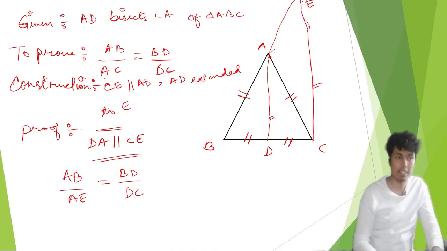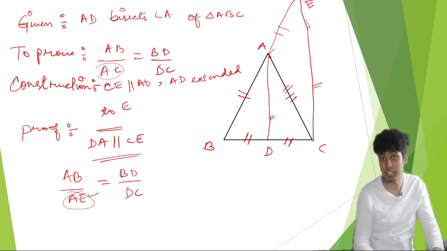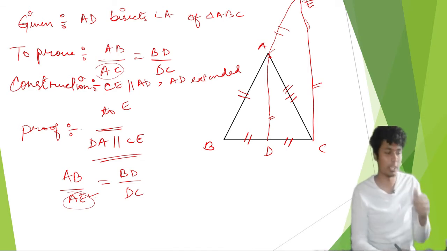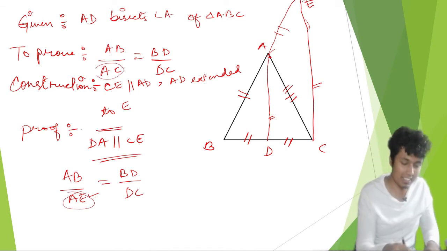Now if we replace AE by AC, we can prove the theorem, if we prove that AE and AC are equal. I hope it is clear to you. Anyway, let us go forward and see the answer. So let us write this as 1.